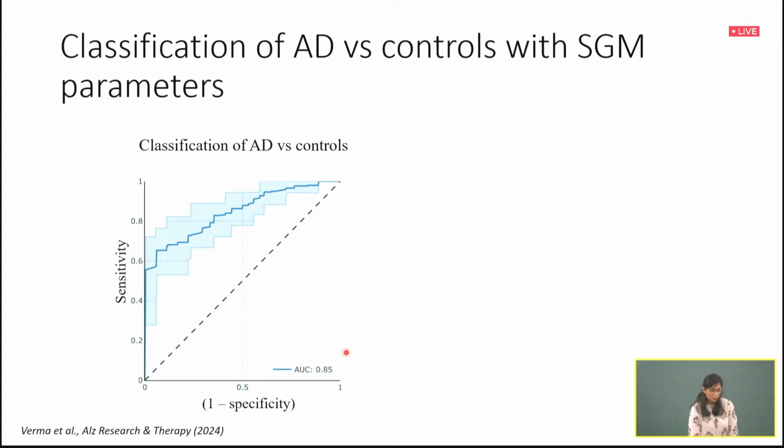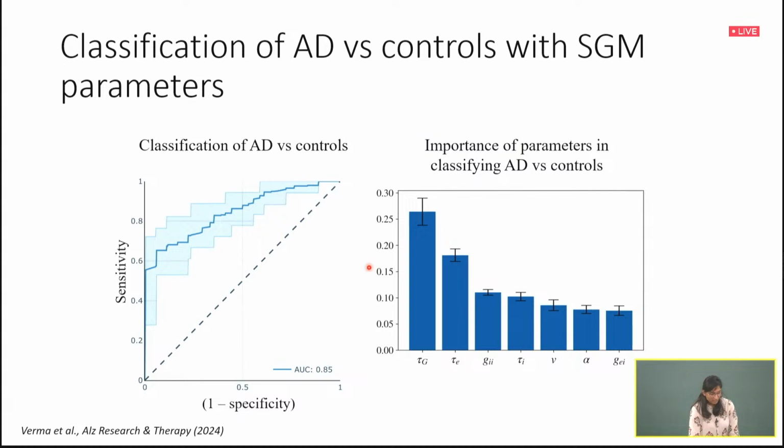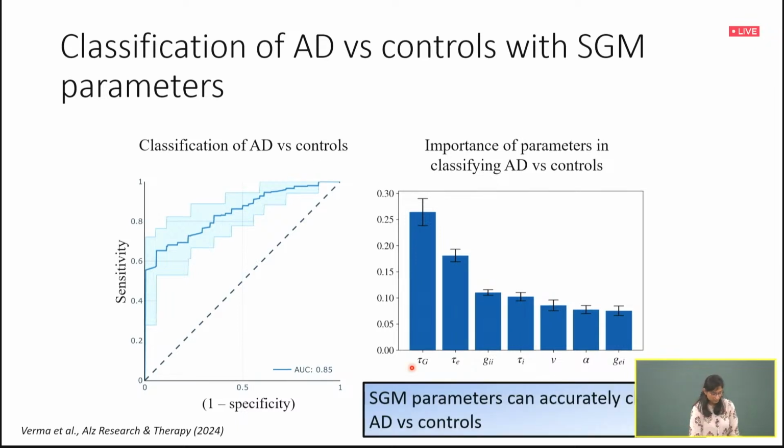So it's quite accurate in classifying Alzheimer's disease from controls. Again, tau g, the parameter which was most different, is the most important parameter for classifying Alzheimer's disease from controls. All in all, this indicates that you can use these parameters as markers of disease. They can accurately classify Alzheimer's disease from healthy controls.